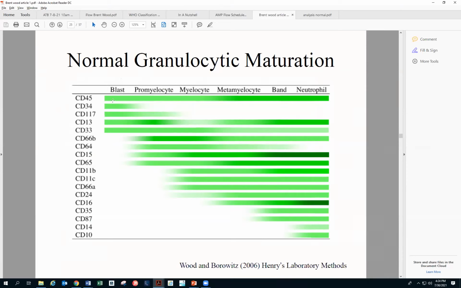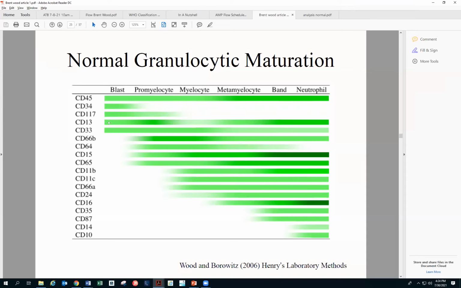But what we see here, so in normal granulocytic maturation, blasts, as we know, will have CD34 and it will be lost from the promyelocyte stage. CD117, however, dims out in the promyelocyte stage, but still remains, and then there is no CD117 following that.